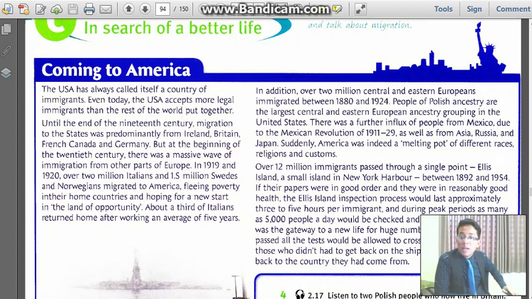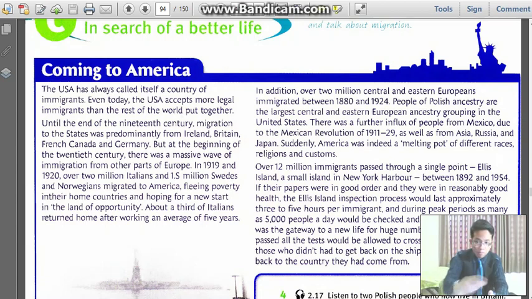But at the beginning of the 20th century, there was a massive wave of immigration from parts of Europe. In 1919 and 1920, over 2 million Italians and 1.5 million Swedes and Norwegians migrated to America, fleeing poverty in their home countries and hoping for a new start in the land of opportunity.